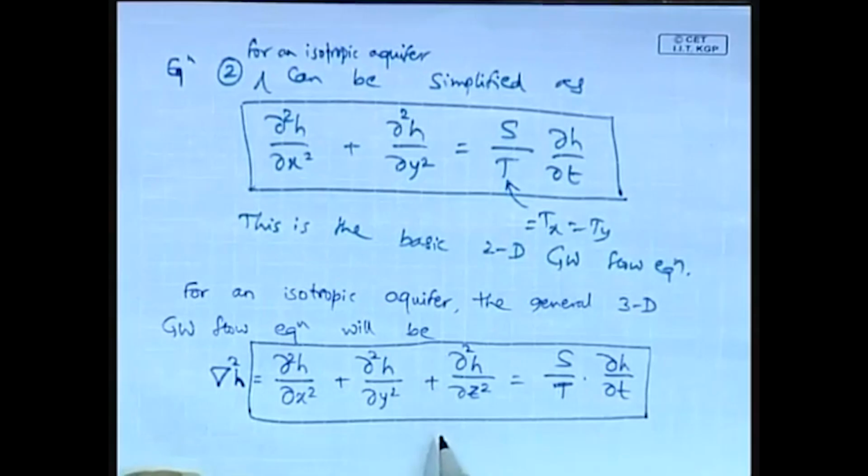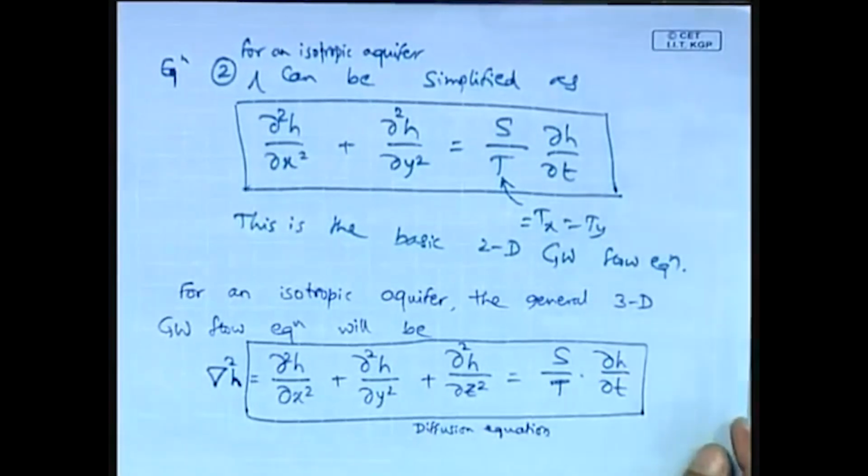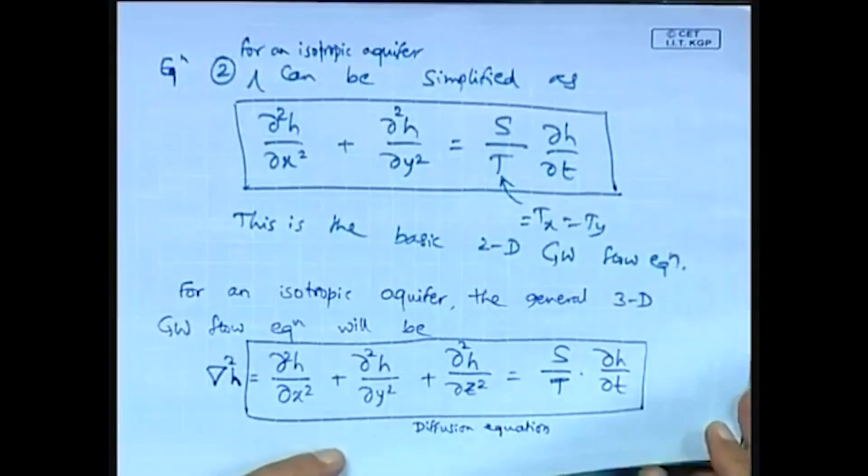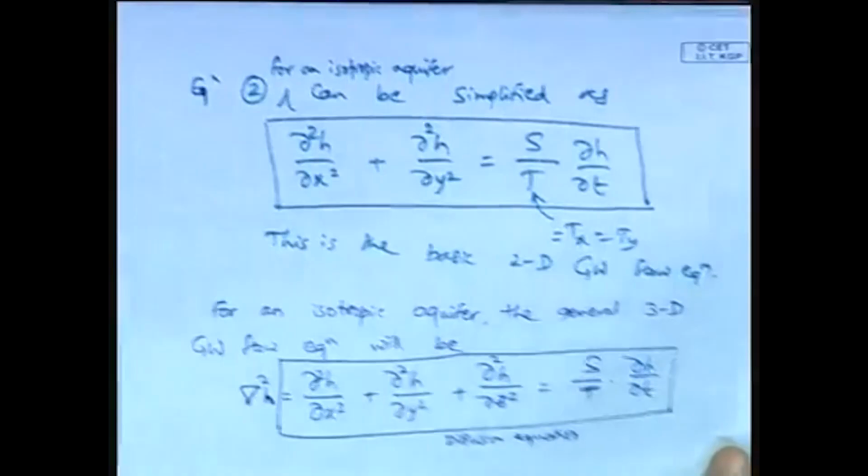This is known as the diffusion equation, and when the flow is steady, then this dh by dt will become 0, so the right hand side will be 0, and then this equation attains the form of the Laplace equation.